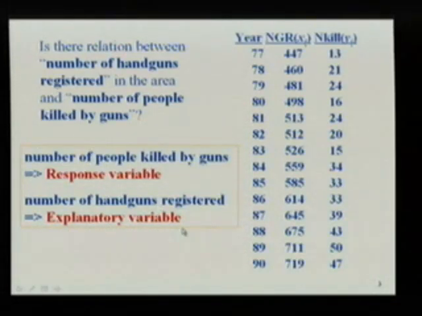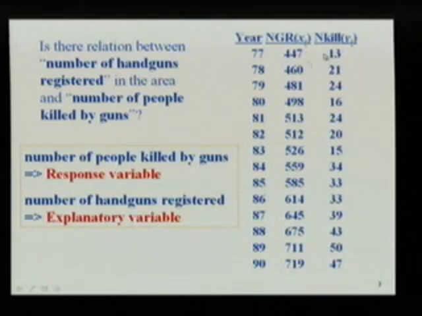Sometimes people call it a factor variable. Sometimes people call it a predictor variable because you can use that to predict usually how many people get killed. So there are several names for this, and we've gone through this in the beginning of the class. Hopefully you remember these two terms. What is the response variable? That's the outcome variable. What is the explanatory variable? That's the factor variable that's affecting these responses or these outcomes.